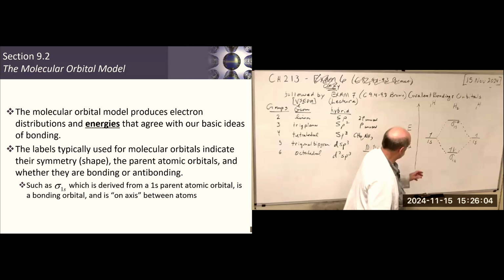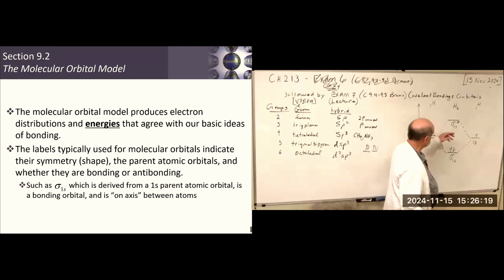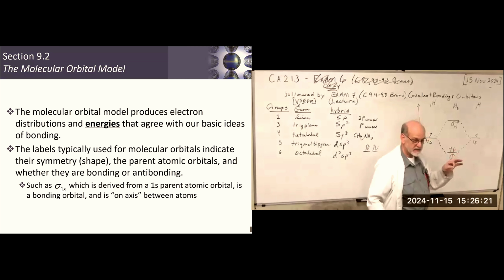And the convention is you form the sigmas first because you always have 1 sigma and then the pi's come next. So we could have, in other molecules, a sigma out of the 1s. Then you would have a sigma star out of the 1s. Then if you combine p's, you've got 3 on each side.